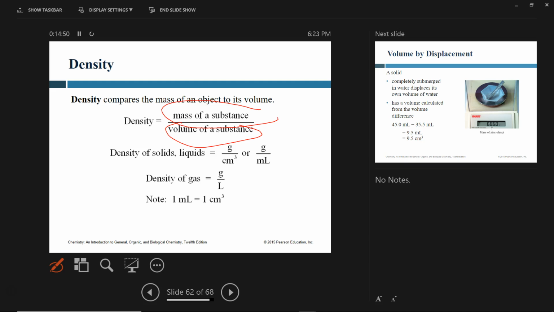Ice, which is solid water, is actually not as dense as liquid water. You mean the ice is less dense than the water? Ice will float, right? Because it's not as dense as liquid water.